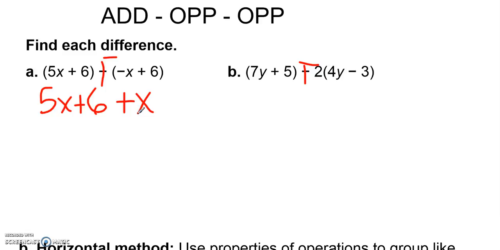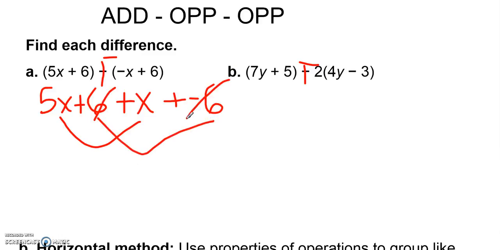And then negative times 6 is going to give us plus negative 6. Okay, and so that's good. And then here are like terms and here are like terms. The 6's are going to cancel out with each other, and we're going to be left with 6x, because 5x plus x equals 6x. Yay, got it.